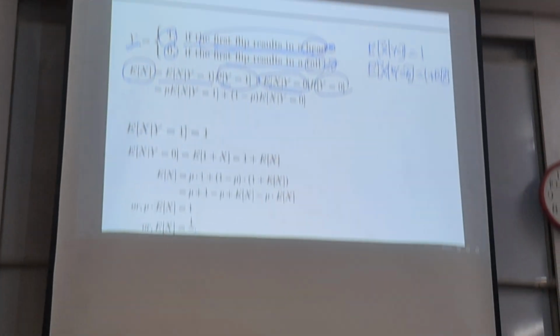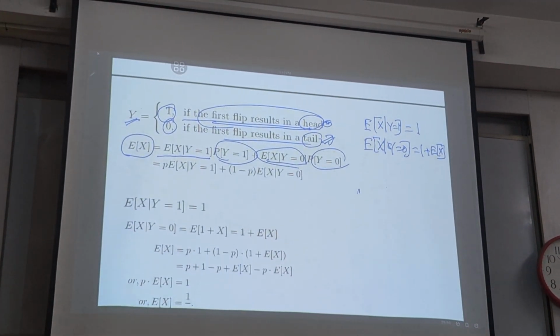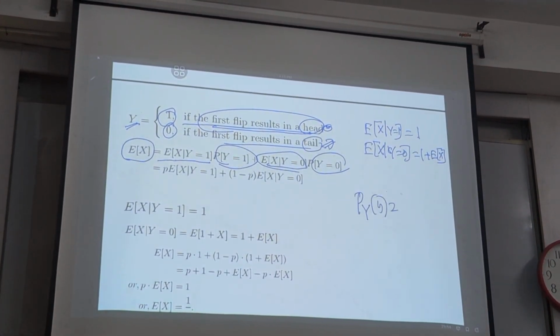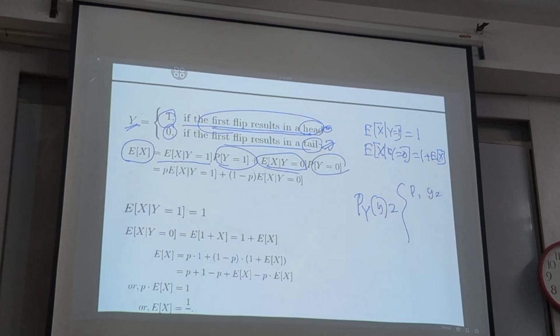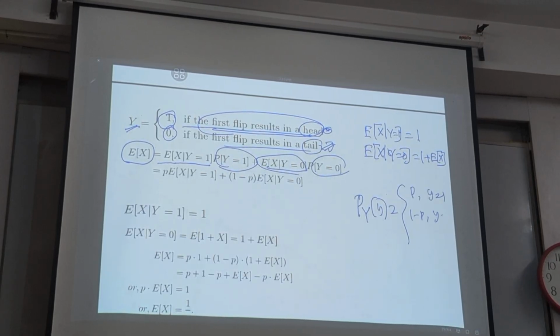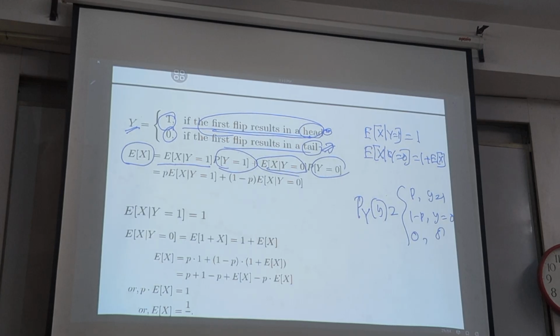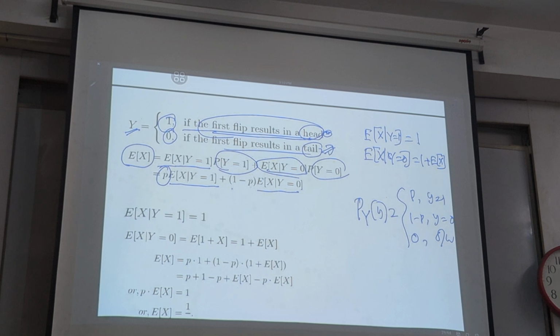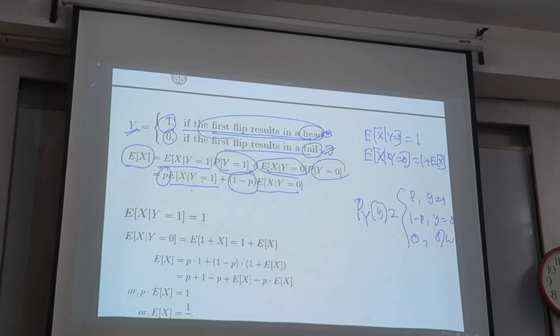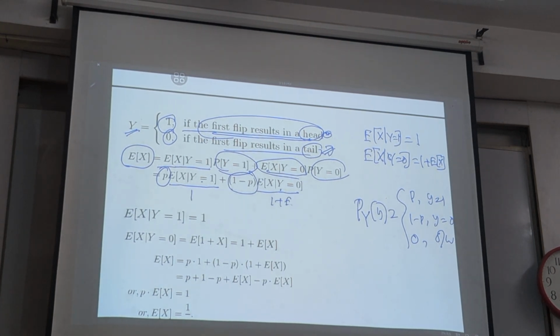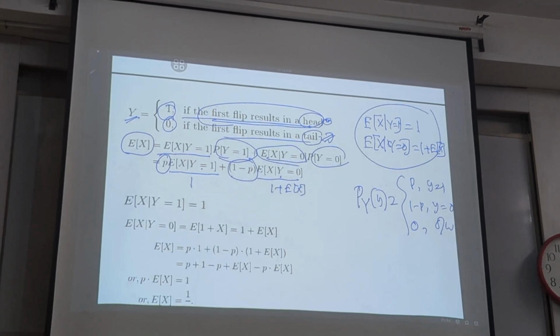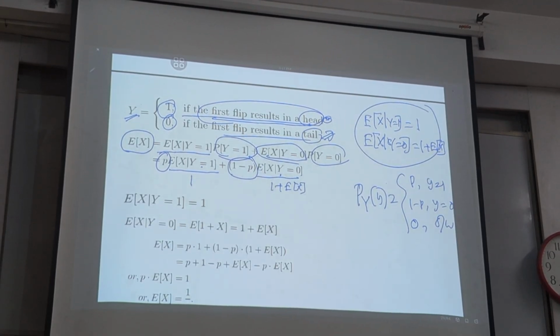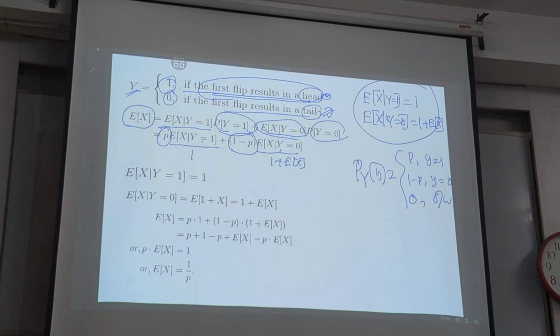So once this is the case, what is the PMF of Y? It is P when Y equals 1. It is 1 minus P when Y equals 0. It is 0 otherwise. Then this one is multiplied by P, and the value of this one is 1, the value of this one is 1 plus E[X] from here. If you put all these values here, then you will find that E[X] is equal to P plus (1 minus P) times (1 plus E[X]).